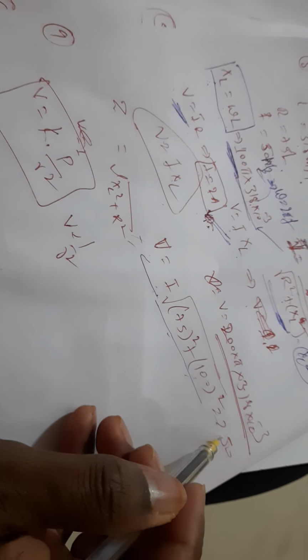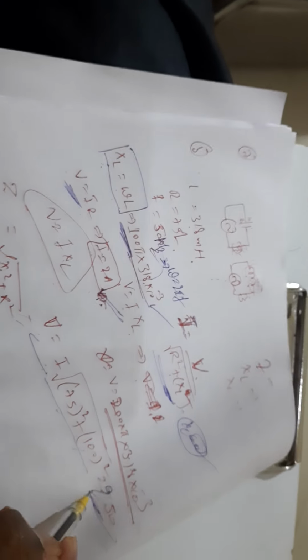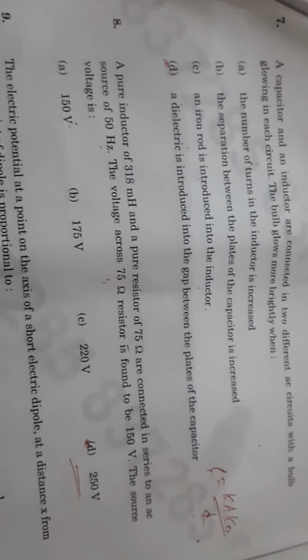The answer gives us 100 whole square and 150, that is 250 volts I got. So there you are finding 250. This is actually 250 volts. We got the answer.